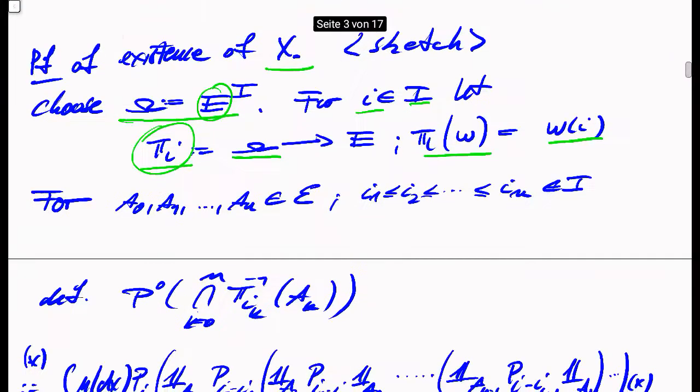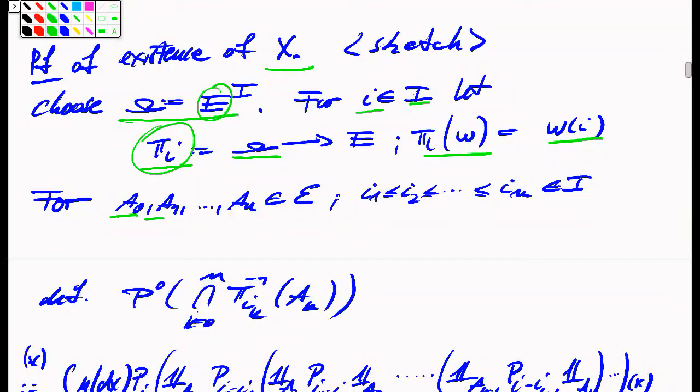Now we want to construct, as usual, a pre-measure on a properly chosen algebra of sets, and then use the Carathéodory extension theorem. So let's choose the algebra of sets. That will be again our algebra of cylinder sets, which are generated as pre-images of finitely many measurable subsets under these projections.